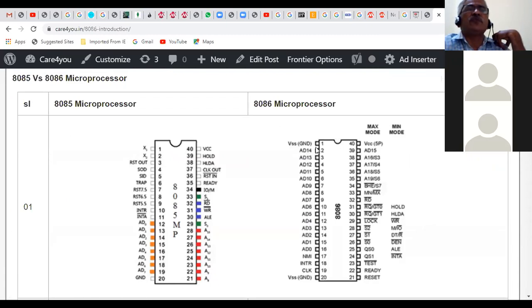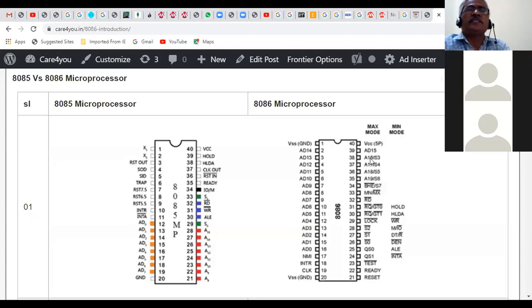Pin number 1 is ground. Then on the right side, pin number 14 is VCC. Then pin number 2 was AD14, and then AD15. So AD0 to AD15, 16 lines, are multiplexed address and data lines.